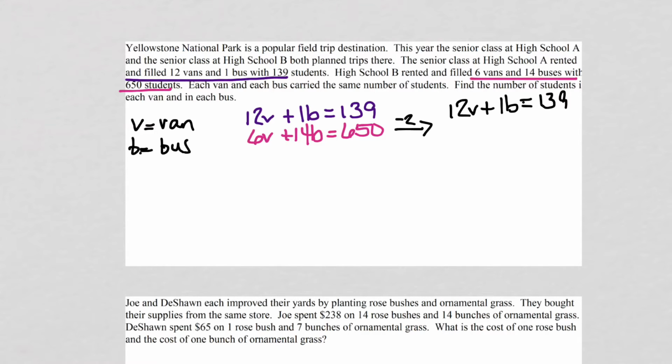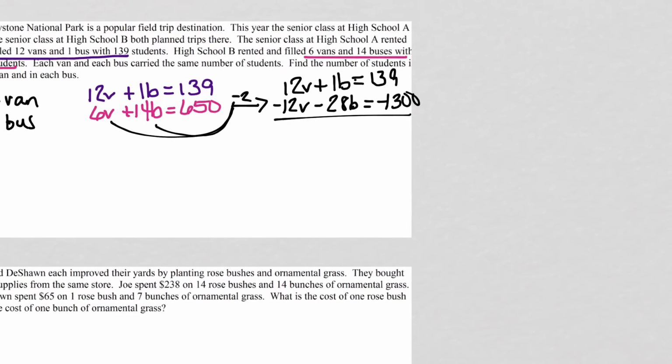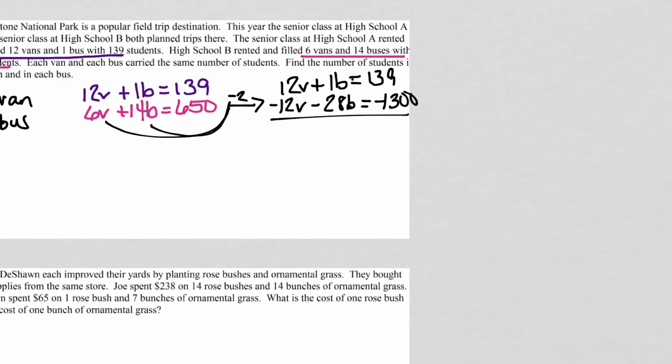And I'm going to multiply negative 2 times 6V, which is negative 12V. Negative 2 times 14B is a negative 28B. And negative 2 times 650 is a negative 1300. And now I'm ready to add my equations. So 1 minus 28 is a negative 27B.